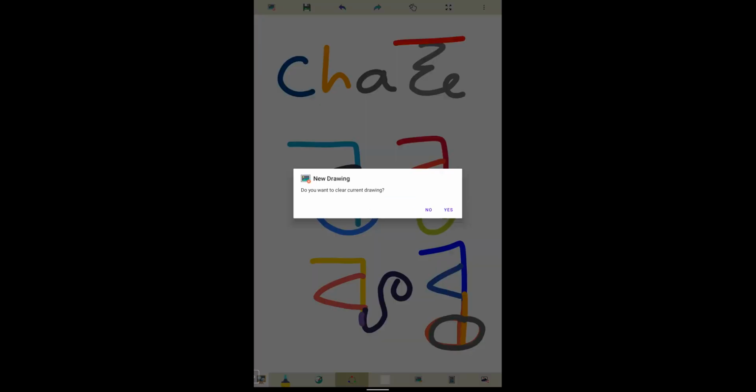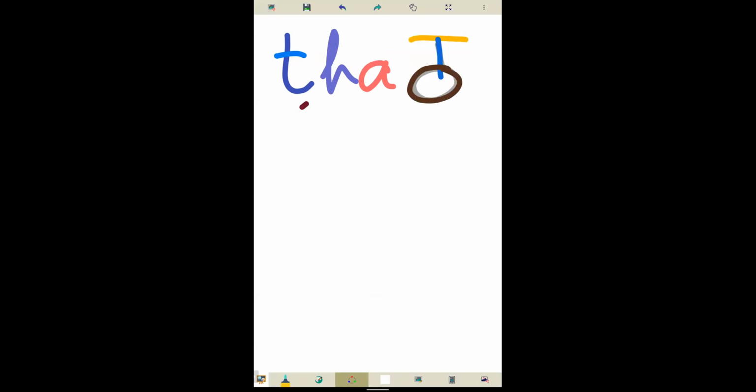Now we can go to the next variant, that is the ta. How to do? The regular ta we have seen.